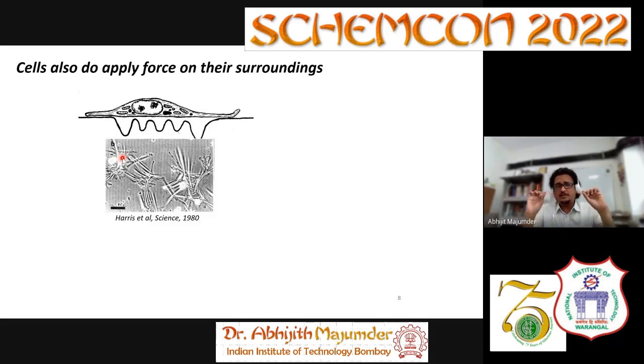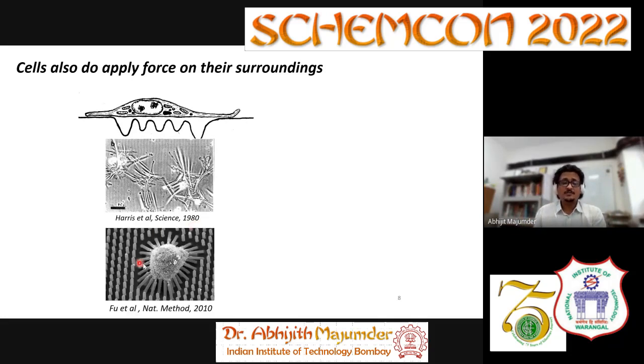The way we get the crust over milk, that way it has a thin solid crust. When you put the cells on top, cells actually adhere to that, and then the cells pull inward. As a result, you can see the formation of these wrinkles, as you can see if we pull on your skin. And that was the first demonstration that cells also apply force on their surroundings.